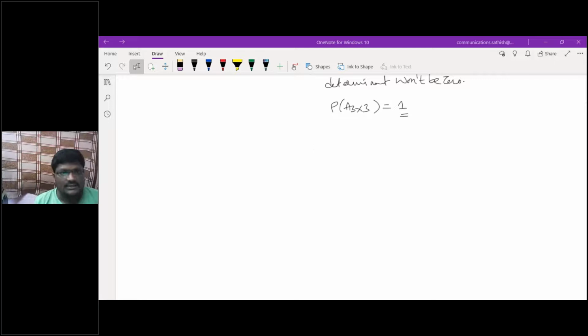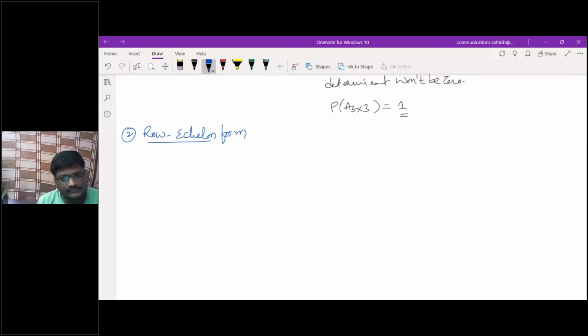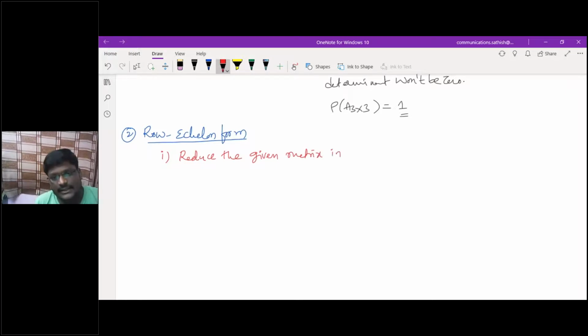Then one more approach, my second approach, I used to call it the row echelon form. This row echelon form has very important points. You need to reduce the given matrix into an upper triangular matrix.